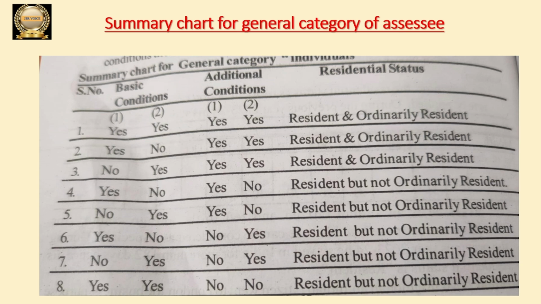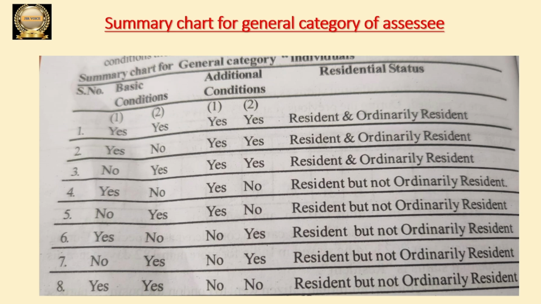This is only for general category assessees. I explained in the beginning of the class the basic conditions and additional conditions for general category assessees. If they are satisfying any condition, let us see how we can determine the residential status.